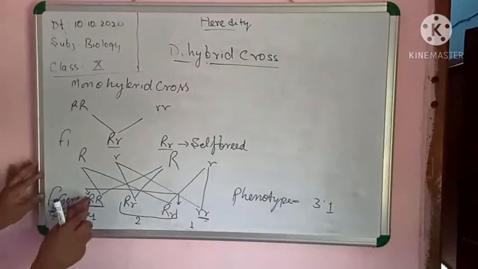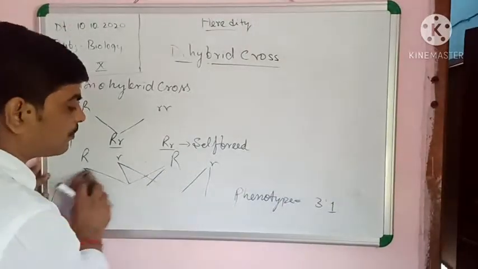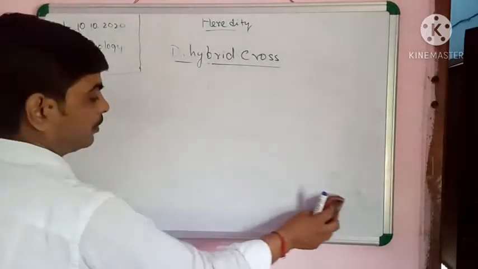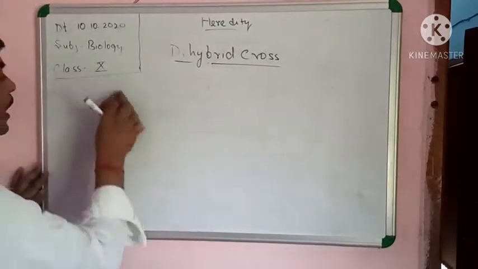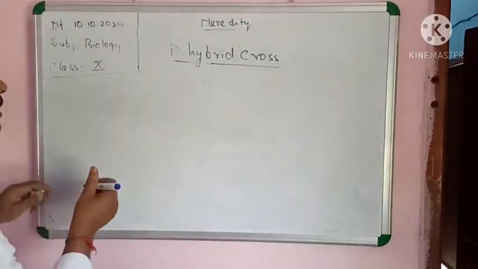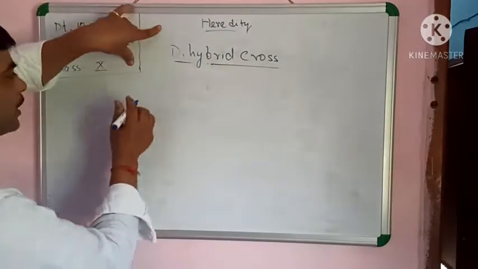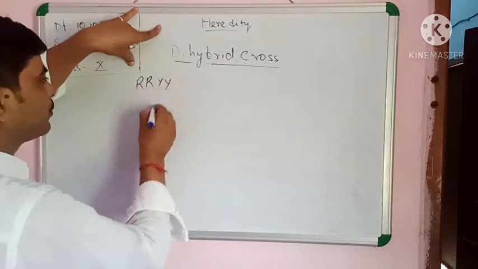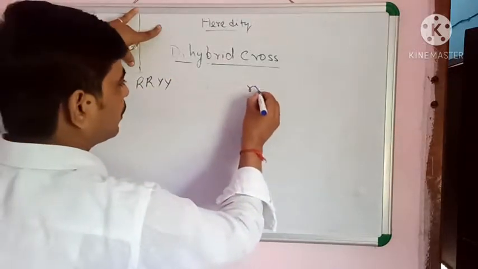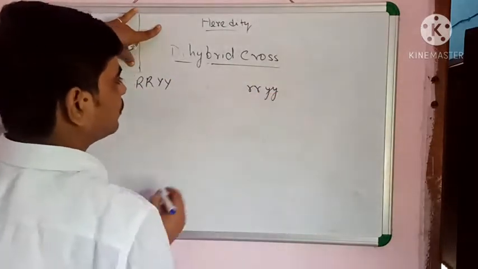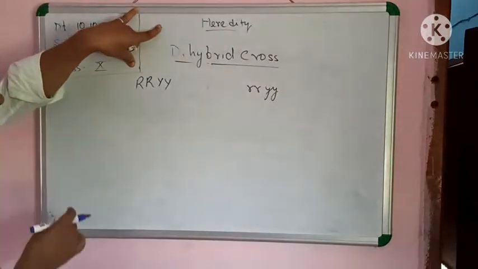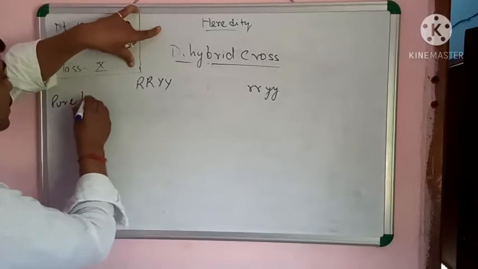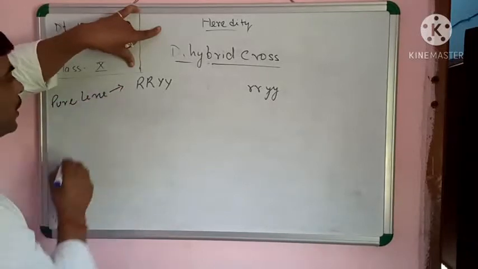Okay. This is the F2 generation. Look here. In dihybrid cross, I have taken two characters, that is round yellow and wrinkled green. This is round yellow and wrinkled green. This is the pure line. Okay.